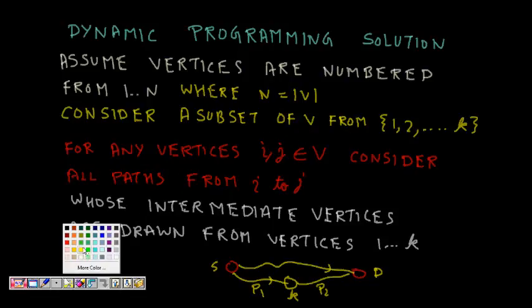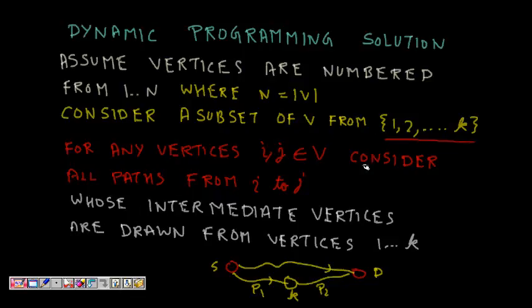For any vertices i and j in the graph, we consider all paths from i to j with the constraint that the intermediate vertices are drawn from vertices 1 to k.